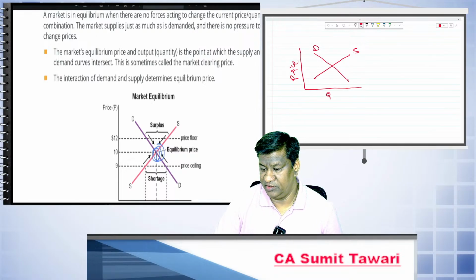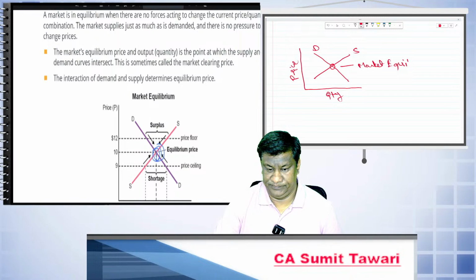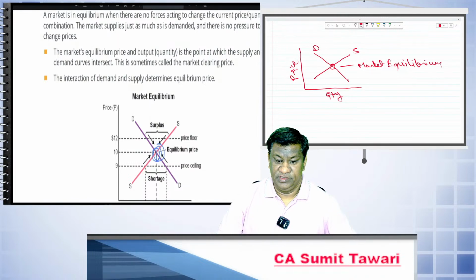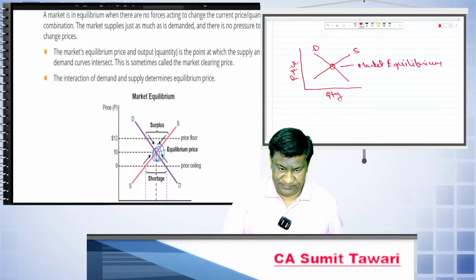Price and quantity. This point we called a market equilibrium. Okay. Just try to understand.